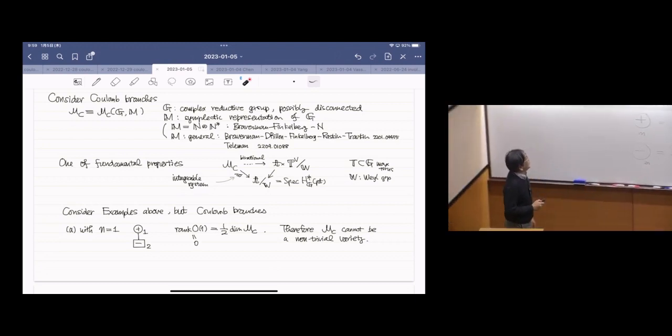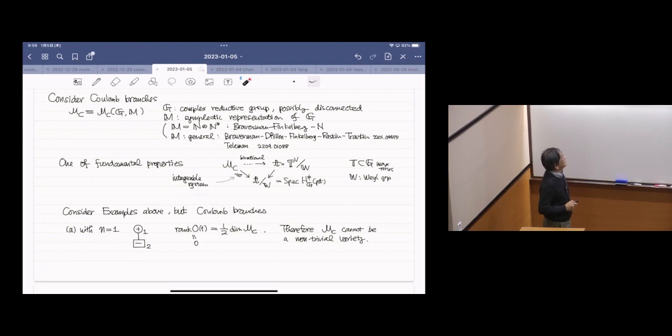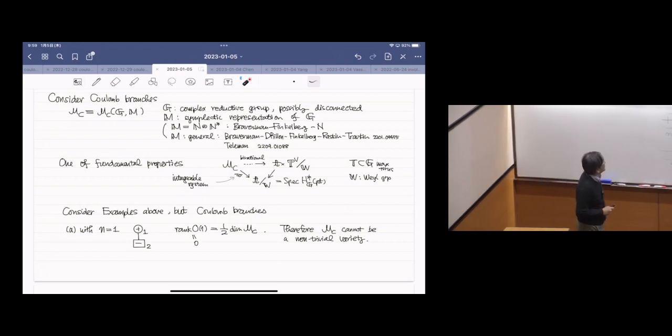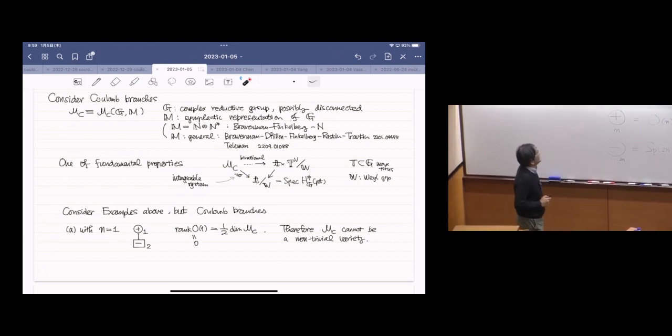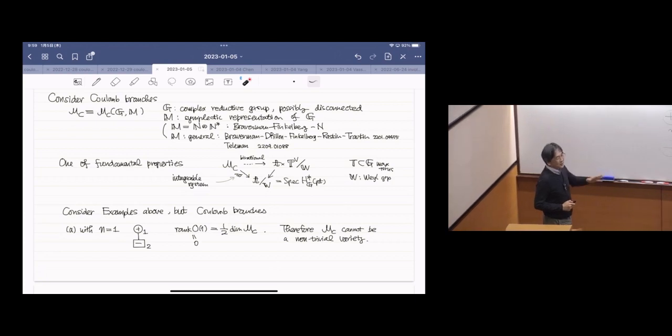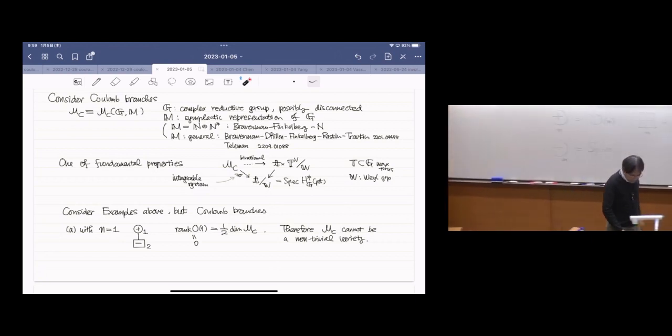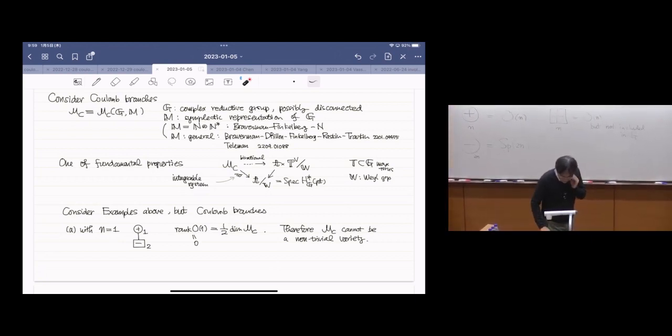O1 is Z mod 2, so the rank is 0. If you apply the definition of the Coulomb branch, you cannot get any non-trivial example unless you modify the definition in some sense. The dimension becomes 0, so you cannot get a non-trivial Coulomb branch.